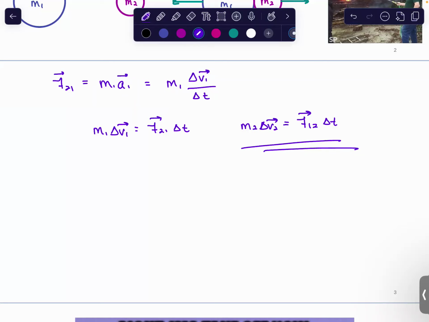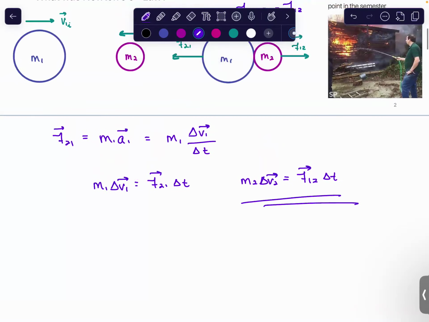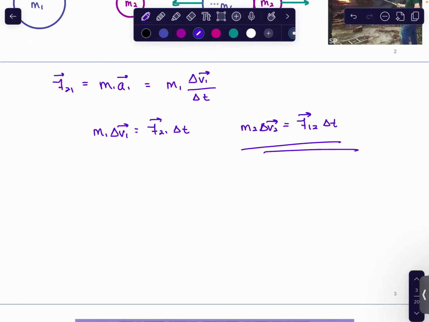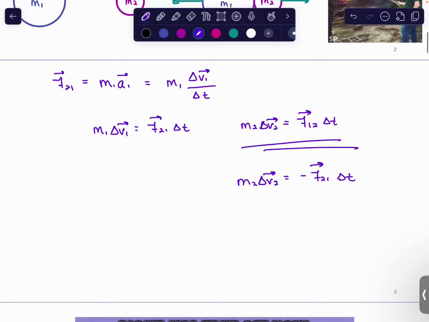In particular, I can replace it with F21 now. Yep, negative. Equal and opposite forces. And I know what F21 delta T is.